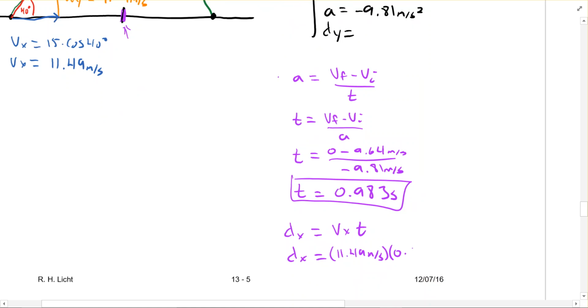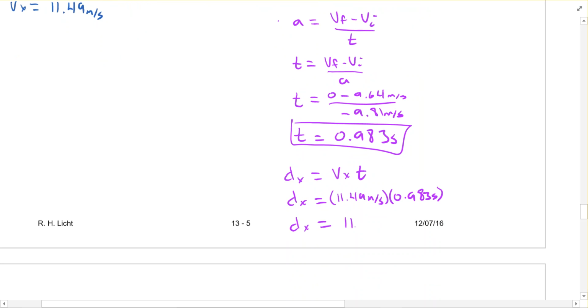My time was 0.983 seconds. So dx is going to be equal to 11.29. And then the last thing I want to do is multiply that by 2 to get the whole distance. So times 2. So dx is going to be equal to 22.6 meters.